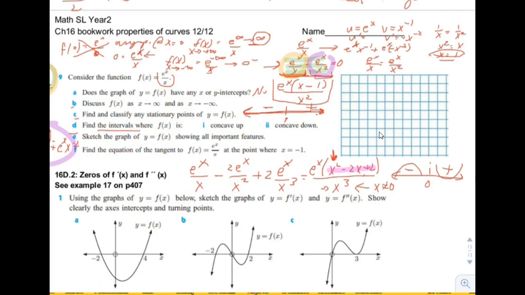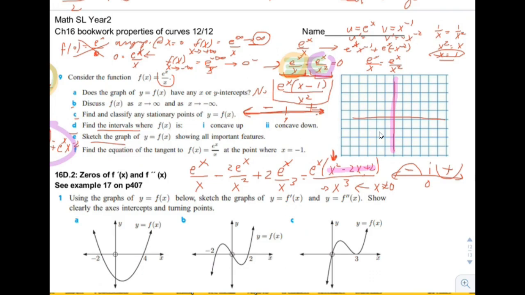So now it says to sketch the graph showing all important features. Let's see, what is the value of the function at, for example, we know there's an asymptote at x equals 0, okay?